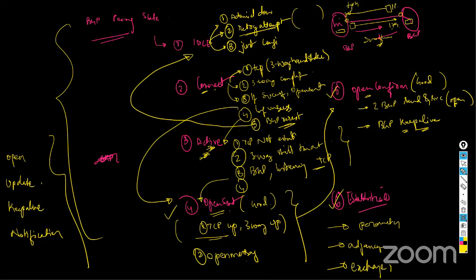Now I'm asking you one question from your experience point of view. Let's say in my BGP routing table I happen to see idle or active. Do you think that's a good example, or do you think that's a bad thing?